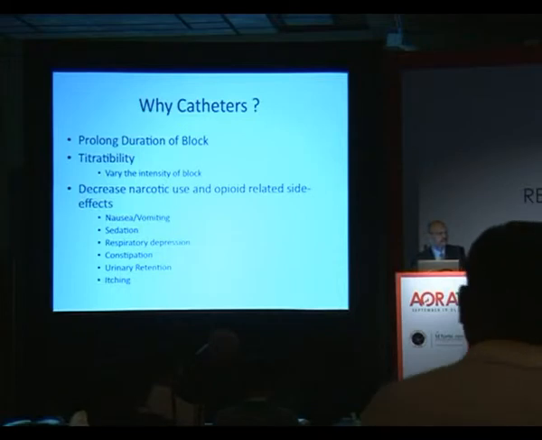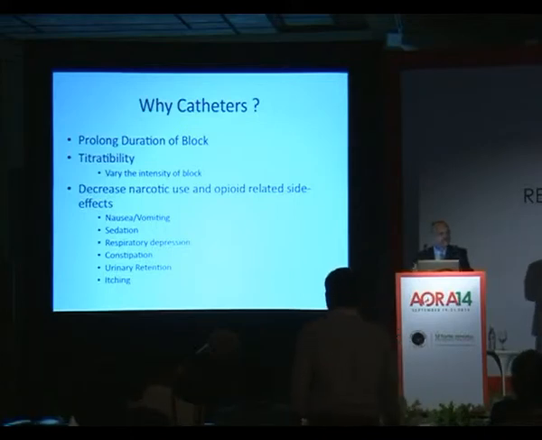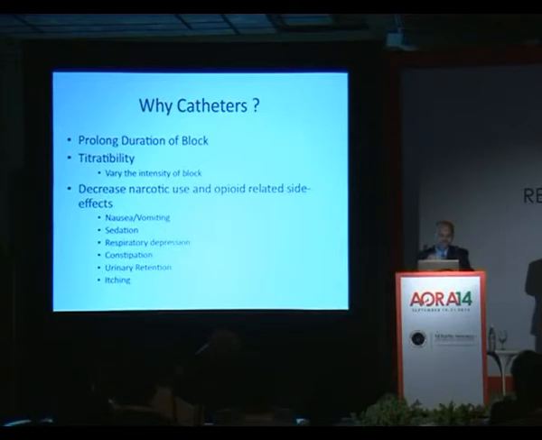With the superior pain control that nerve blocks provide, you can see how we can decrease the use of narcotics and the opioid-related side effects, especially nausea, vomiting, sedation, respiratory depression, and some of the other side effects that I've listed in the slide.